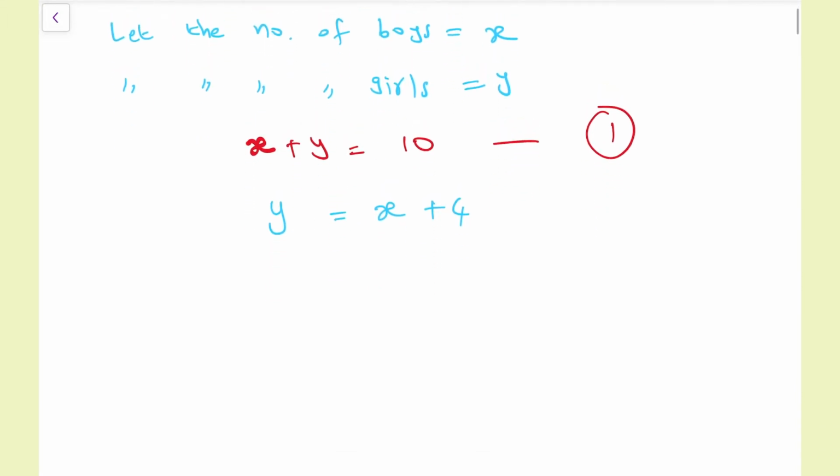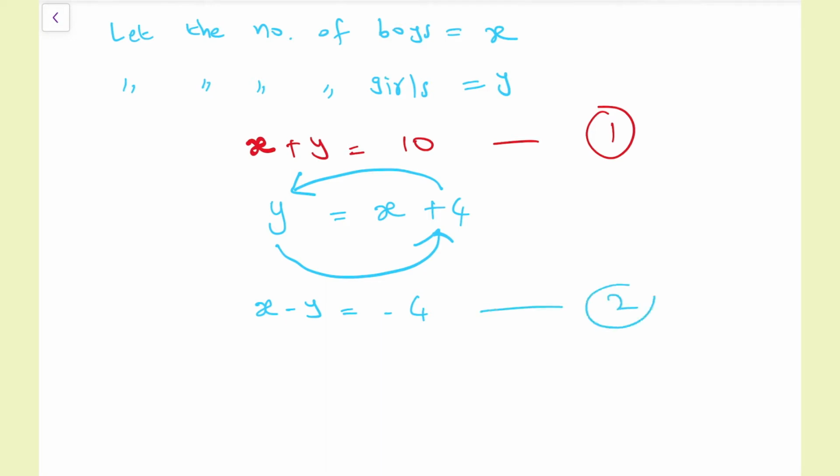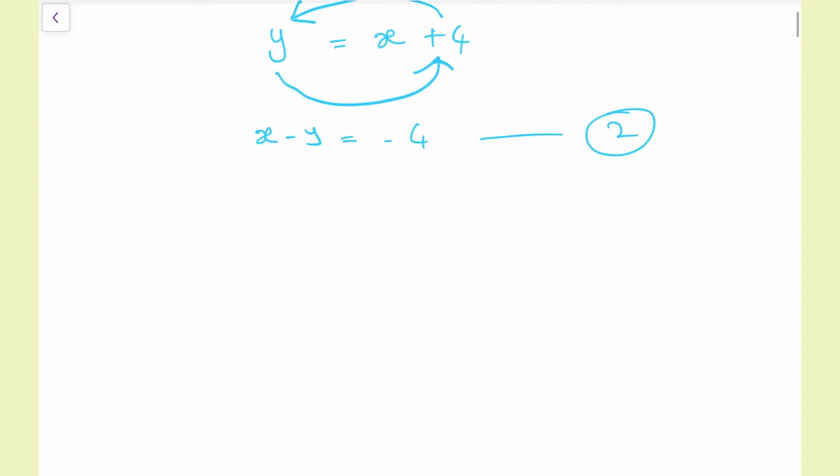So what I will do here is take this Y to the right side and plus 4 to the left side. So X as it is, plus Y will become minus Y equals plus 4 will become minus 4. This is equation number 2. Now let us write equations 1 and 2 together. First one is X plus Y equals 10. And the second equation is X minus Y equals minus 4.